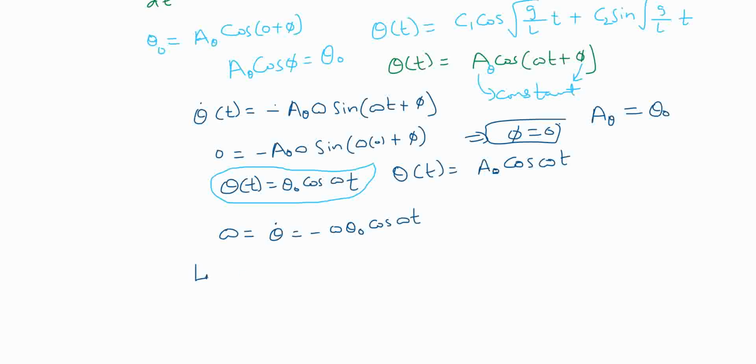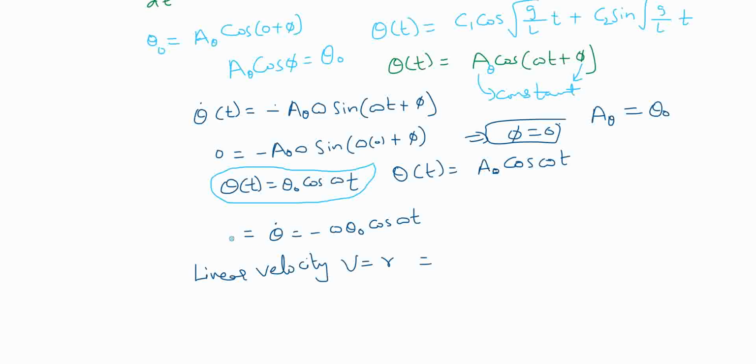Now linear velocity is equal to r times omega, and we know that r is L. Here, for angular velocity, let's not use this omega because it will be a confusion.